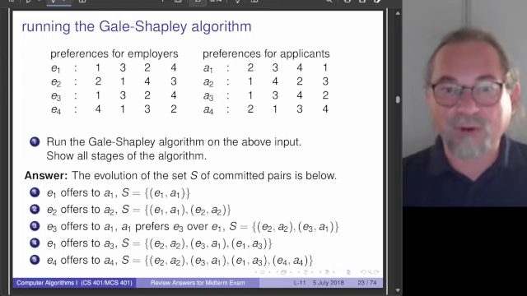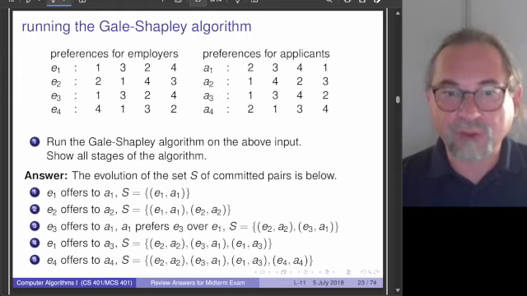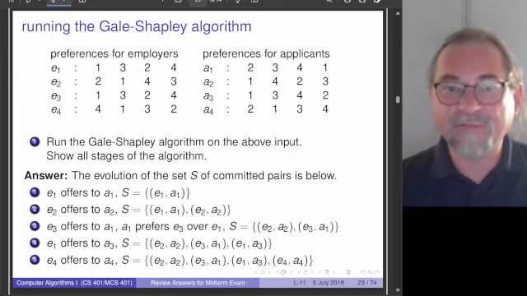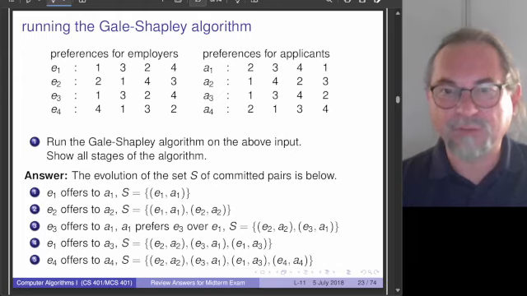So therefore, applicant 1 receives the offer of the third employer, and because applicant 1 prefers employer 3 over 1, it will break its commitment to the first employer and accept the offer of the third employer.